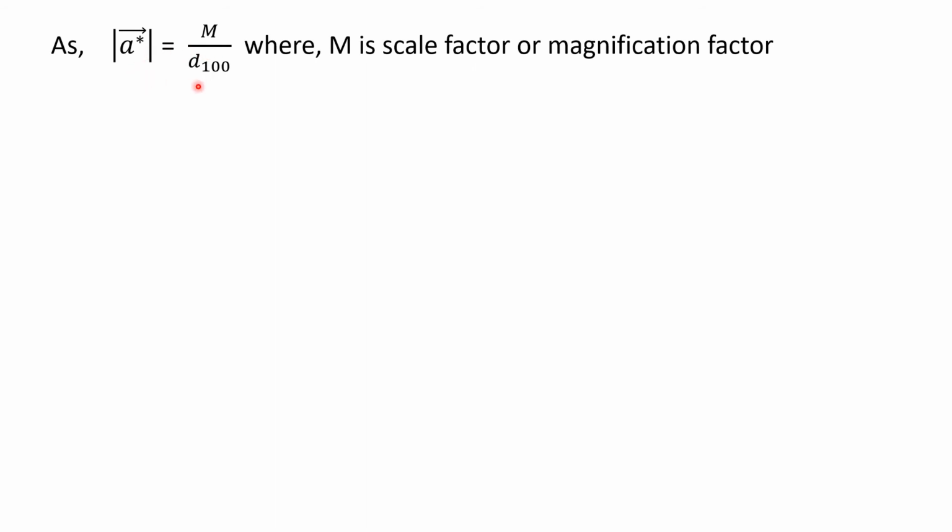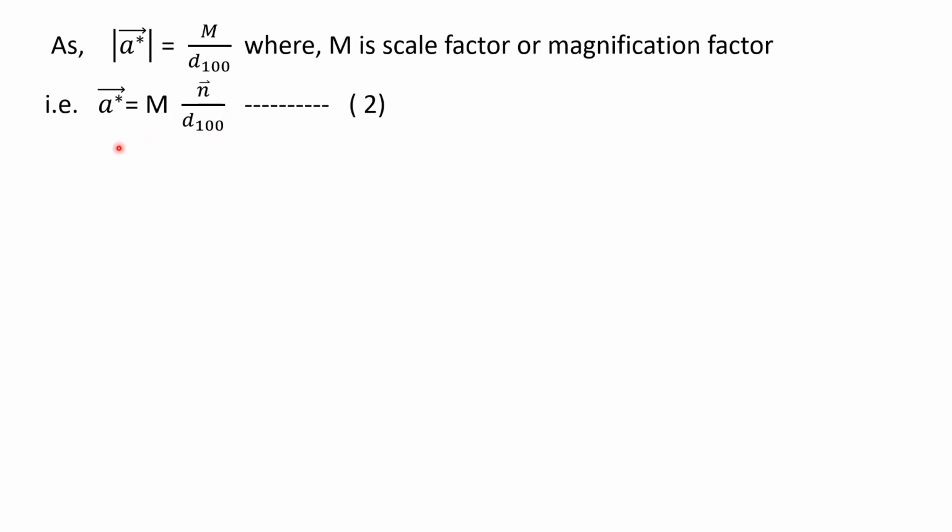We defined earlier the magnitude of the reciprocal lattice vector equal to m divided by d100, where m is the scale factor or magnification factor. That magnitude we write in terms of the vector. Vector A star is equal to m times unit vector n divided by d100. That is equation number 2.